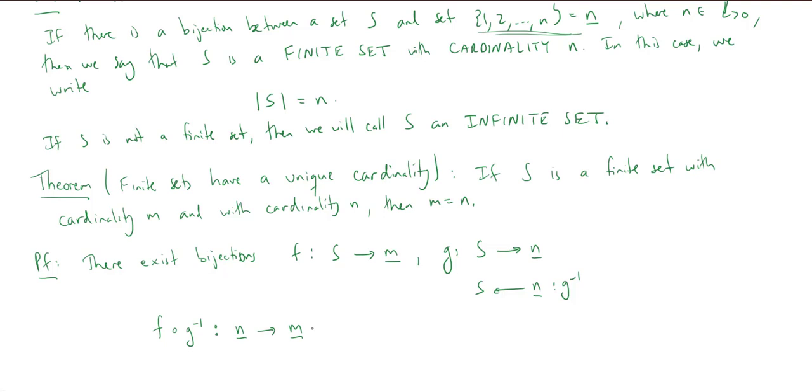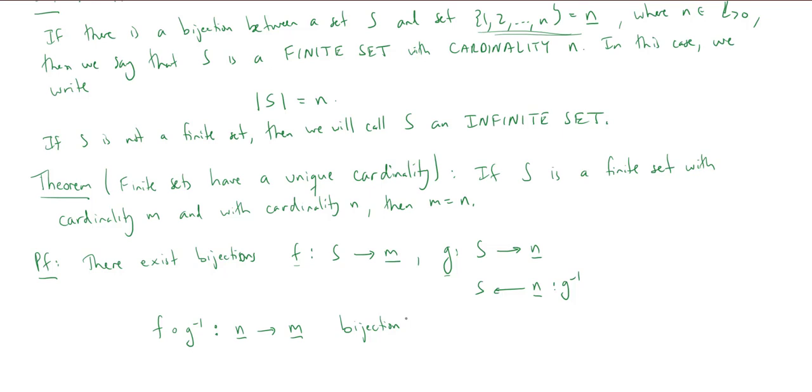Okay, but these are both bijections, F and G. And so their composition is a bijection. Well, F and G inverse even, right? So G inverse is a bijection because G is a bijection. So F composed G inverse is a bijection. So I have a bijection from N to M. This is a set with N elements to a set with M elements.